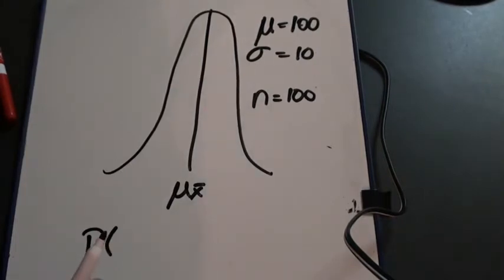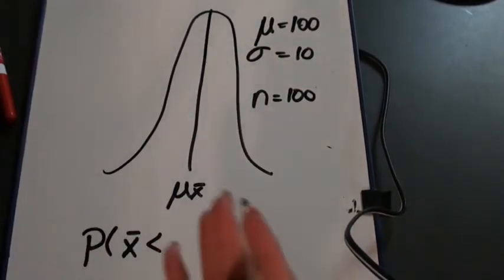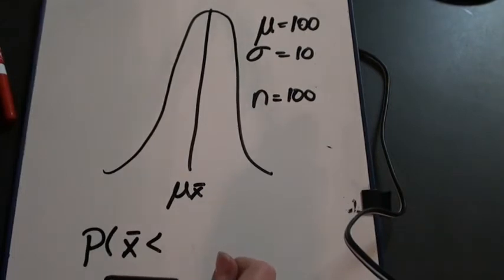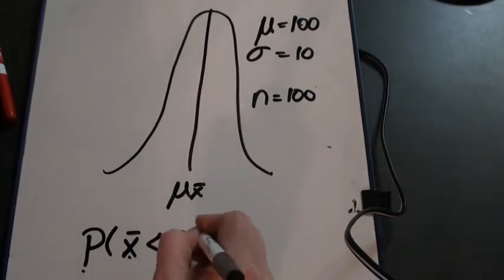In this, we're looking at the probability that the sample mean, given a sample size of 100, is less than, greater than, or between certain numbers. So in this example, what's the probability that the sample mean, given a sample size of 100, is less than 102?